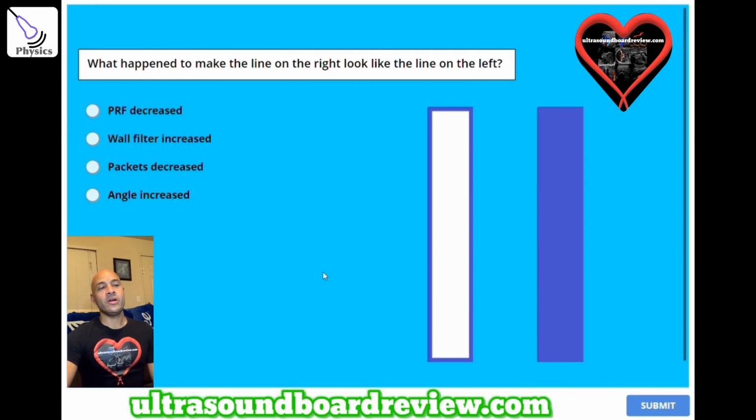So what's happening here is the wall filter is increased, thus eliminating the low-level frequency Doppler shifts and making the vessel clear or void of color.